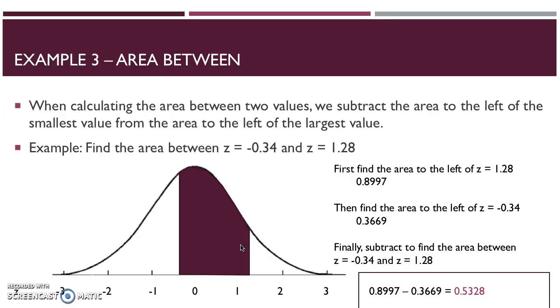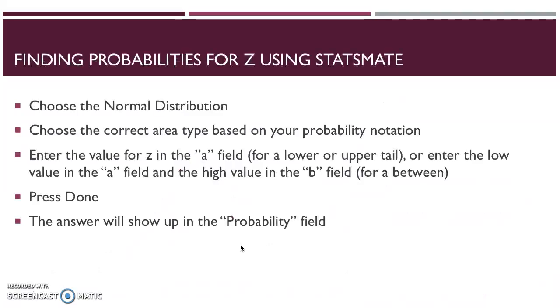Those are all the types of area problems or probability problems you can encounter that will use the table. We can also use the app StatsMate to find those same areas or probabilities. In StatsMate, you would choose the normal distribution, and you choose the correct area type based on your problem.